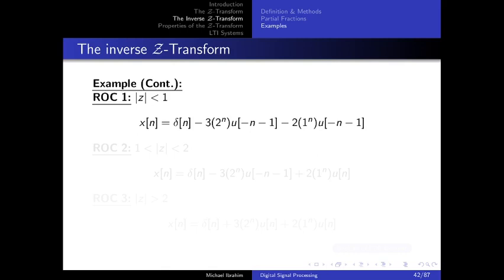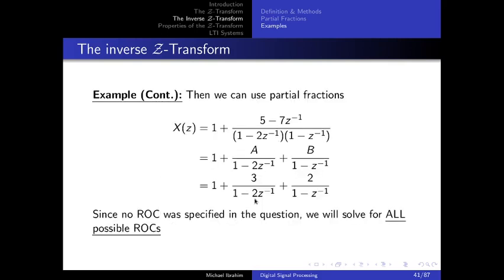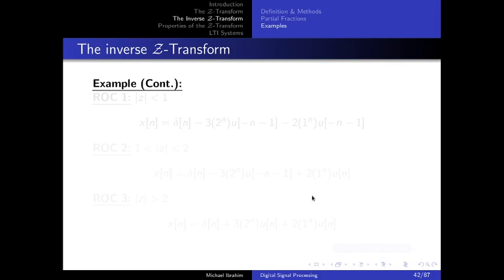And then we had a pole at 2. The corresponding discrete time sequence would be 2 to the power n, u of minus n minus 1, and we have chosen the left-sided sequence because the ROC is going inward. Same here for this pole at 1, it will be 1 to the power n, u of minus n minus 1, because it's a left-sided sequence.